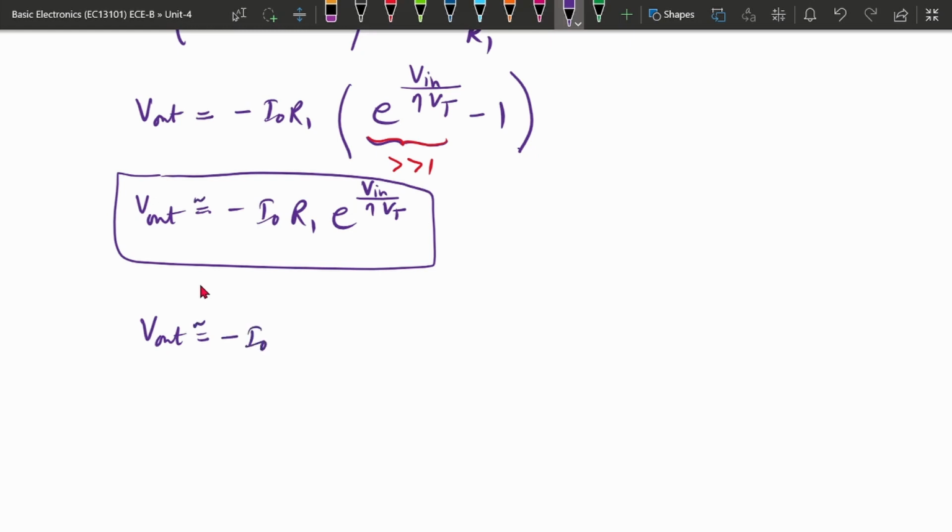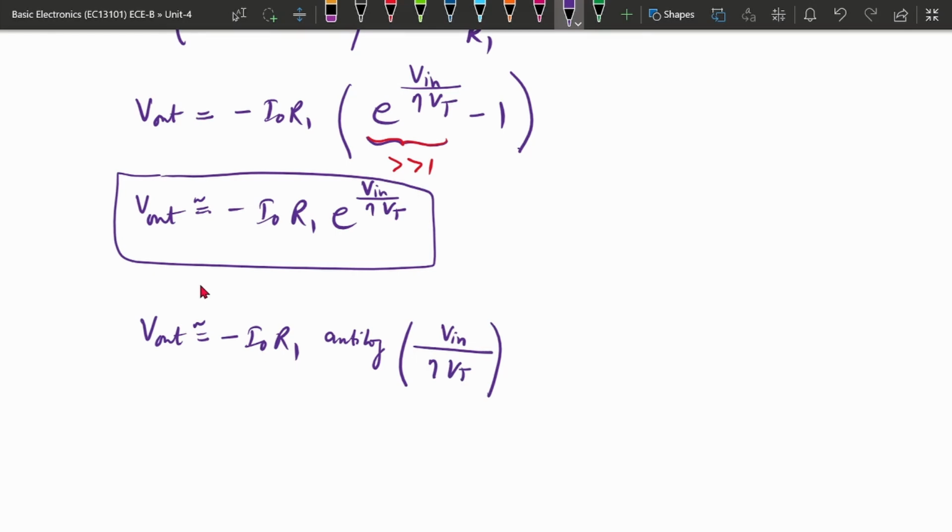So minus I naught R1 times e to the power V input by neta Vt. We can write it as an antilog of V input divided by neta Vt. So antilog of this will be equal to this.